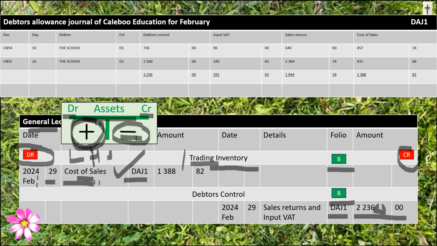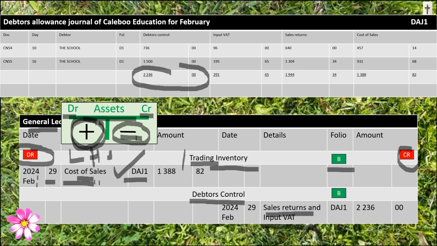In the details column of debtors control, we have sales returns and input VAT, because 2236, there it is, 2236, that is the credit entry. Decrease in assets, our debtors owe us less as a result of us crediting their account.